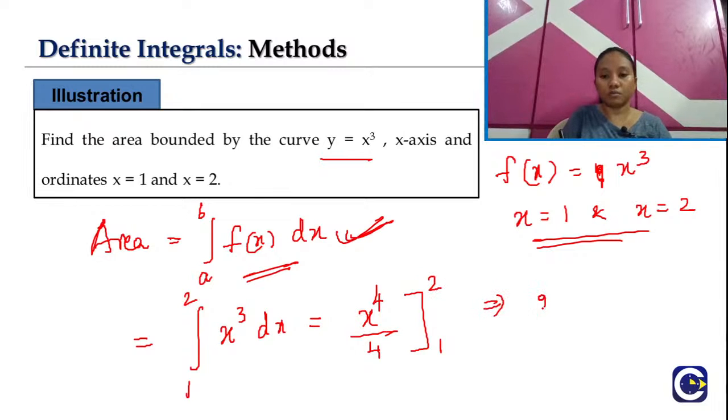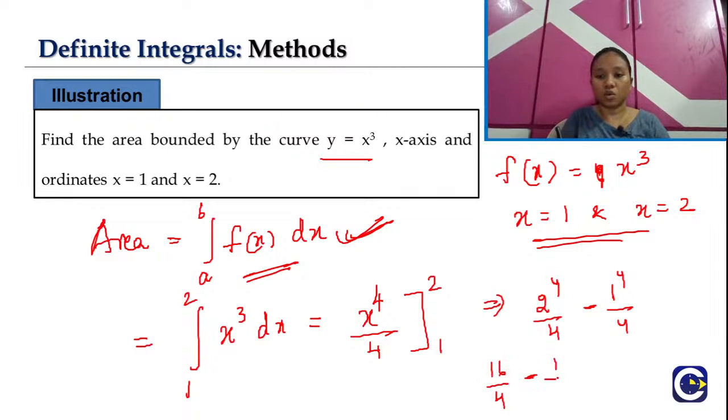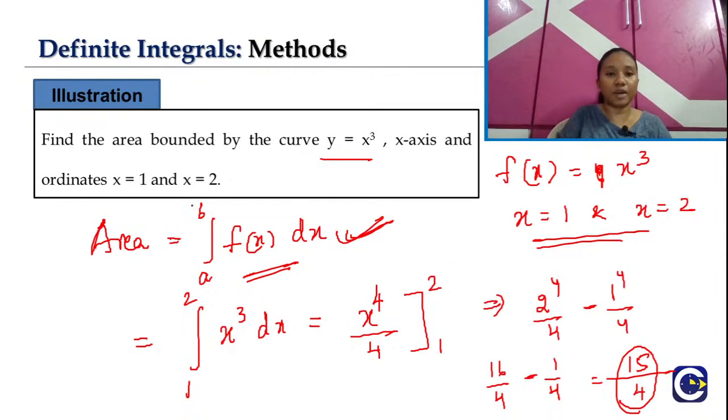This will become 2 power 4 by 4 minus 1 power 4 by 4. 2 power 4 is 16, so 16 by 4 minus 1 by 4. Taking the LCM, 16 minus 1 gives 15 by 4 units. So the area bounded by the curve y equal to x cube and the x-axis is 15 by 4 square units.